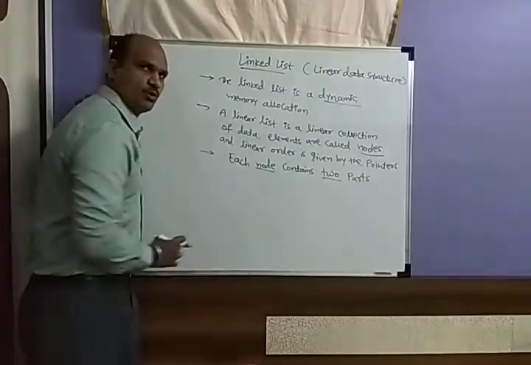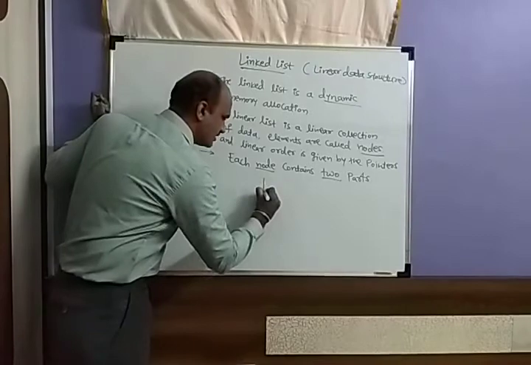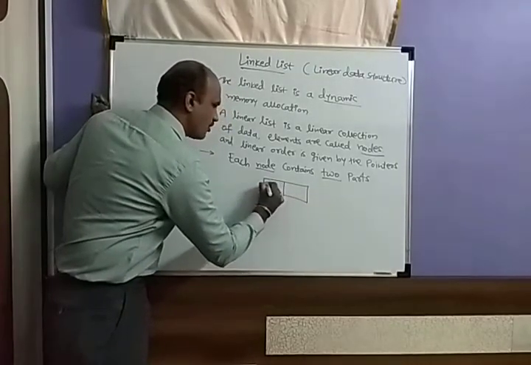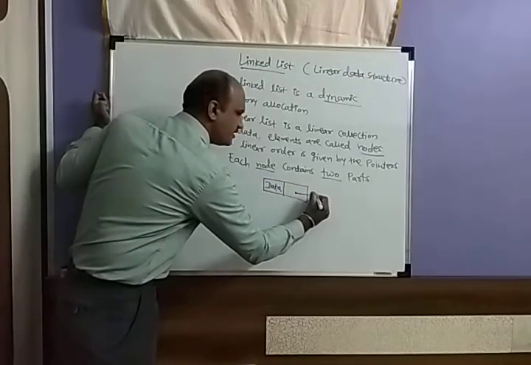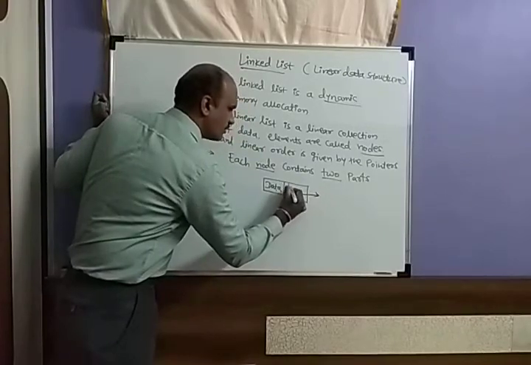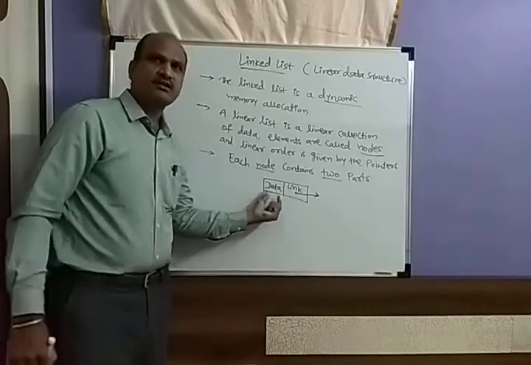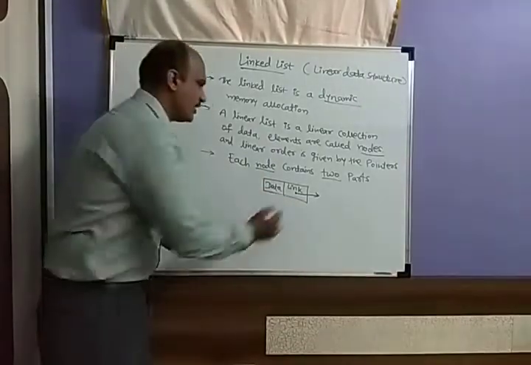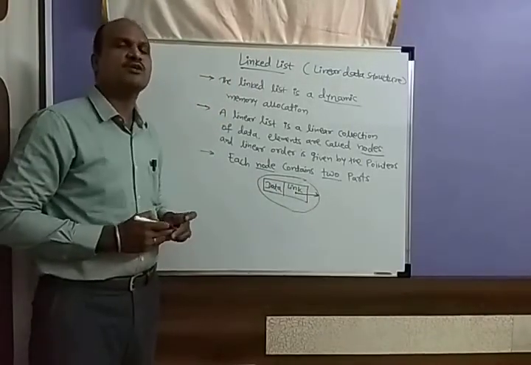So the node contains two parts. One is called the data, another is called the link, which points to the next one. These two parts combined are called a node.